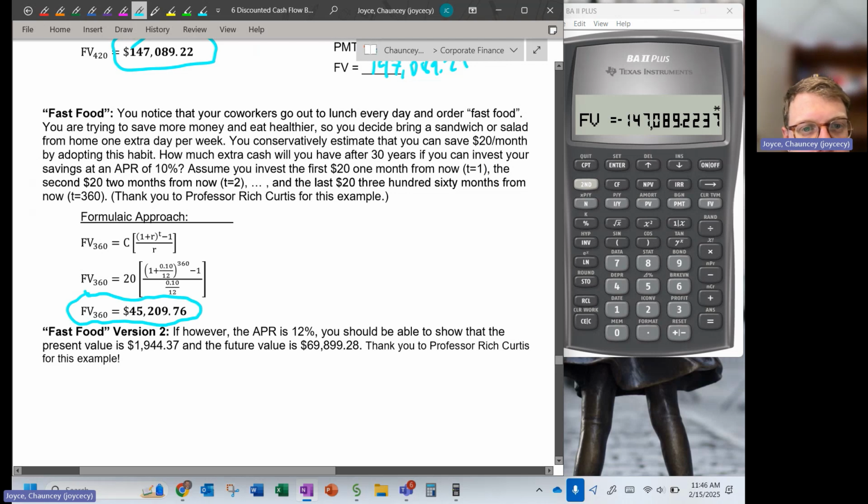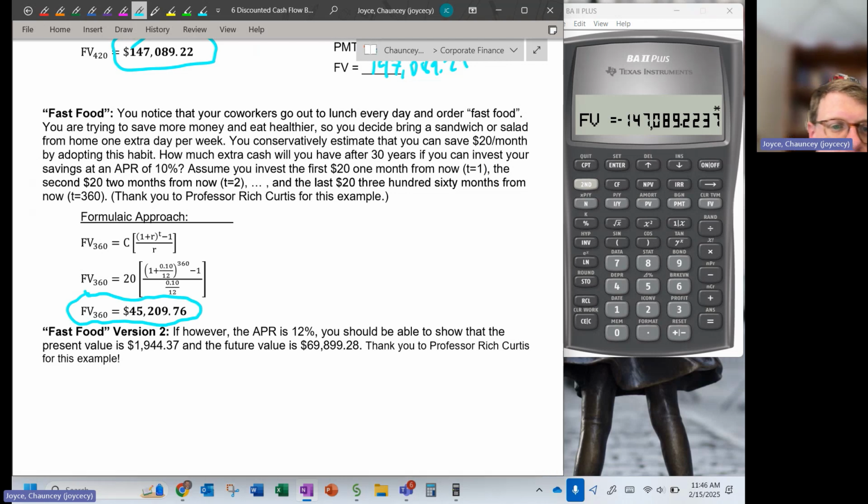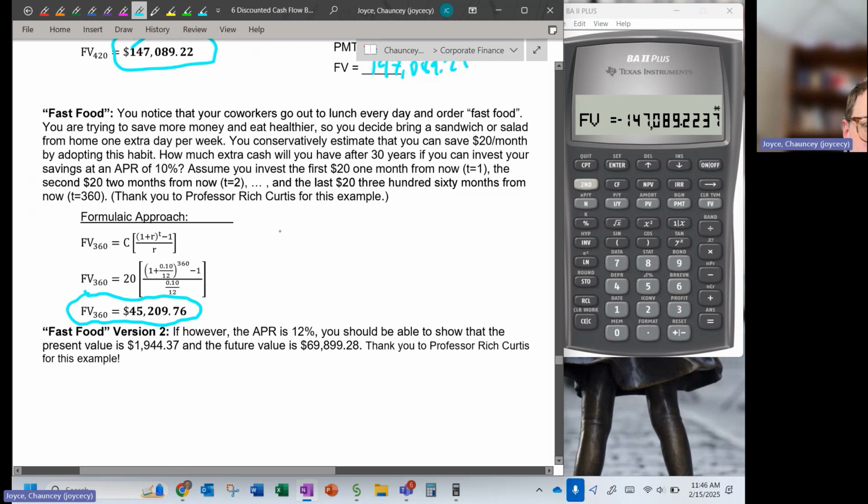So your future value would be 45,000. So all this is saving $20 per month. So your payment was 20, your rate was 10 over 12, and your present value was 0. Your time was 30 times 12.